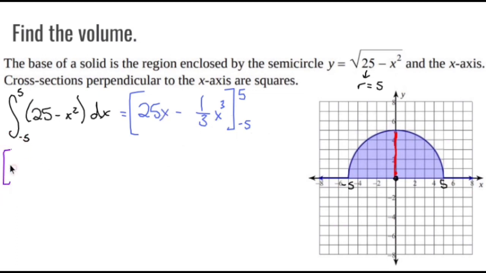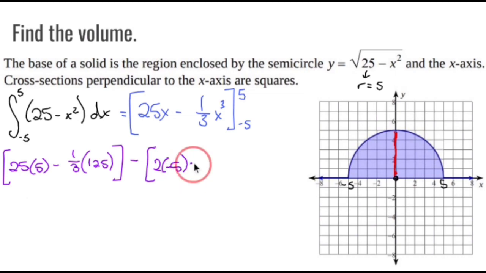So I have 25 times regular 5 minus 1/3 times 5 cubed, which is going to be 125. Close that. Minus 25 times negative 5 minus 1/3. It's supposed to be 25 times negative 5.